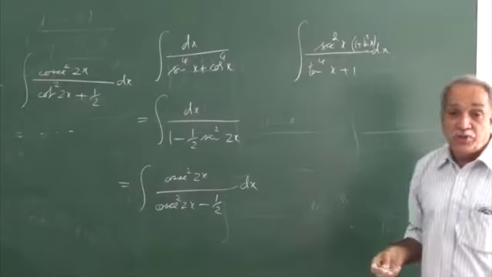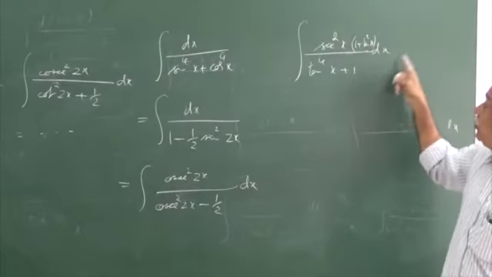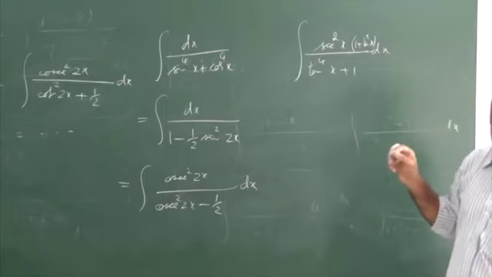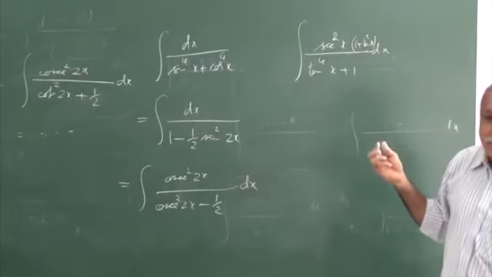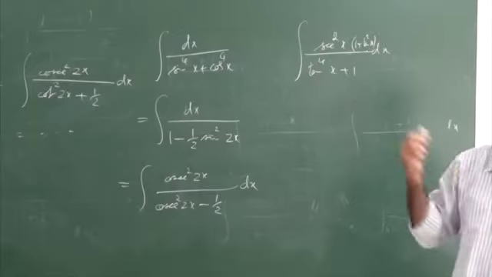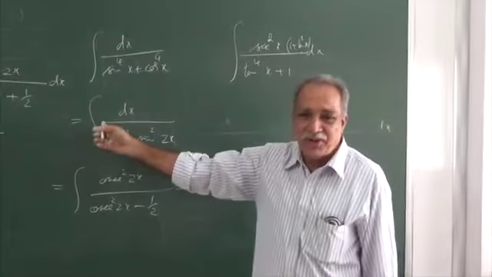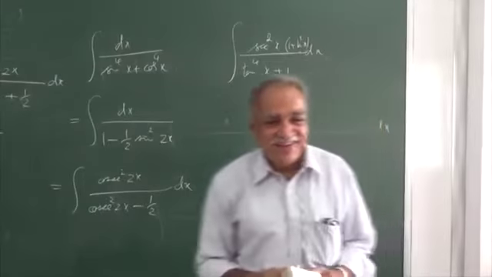Substitution: tan x equal to t gives 1 plus t square by 1 plus t power 4 dt. This is a situation where the method we were discussing a few minutes before is applicable, but we have a simpler method. Fine, this is okay for me.